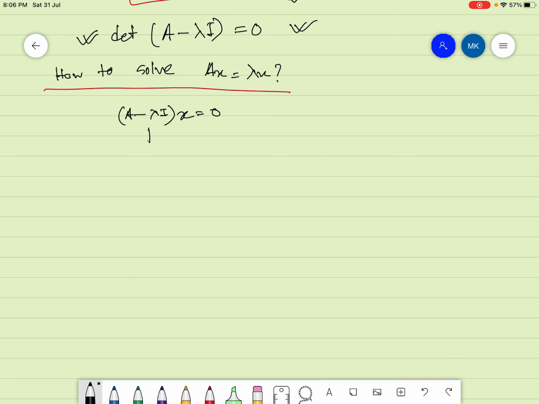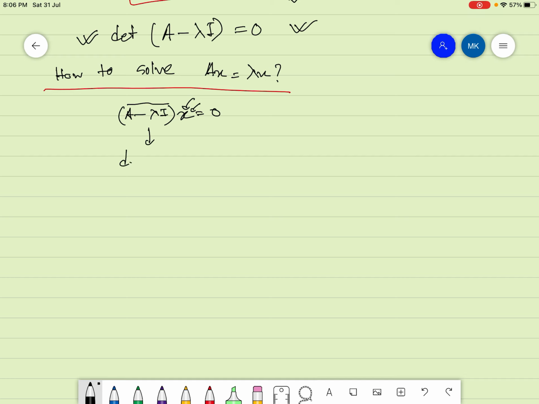From this, as this x is a non-zero vector, this A minus lambda I has to be such a matrix that squeezes the space of x into a lower dimension, which is a point.